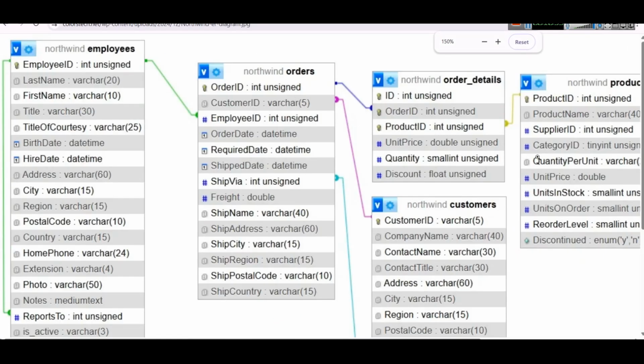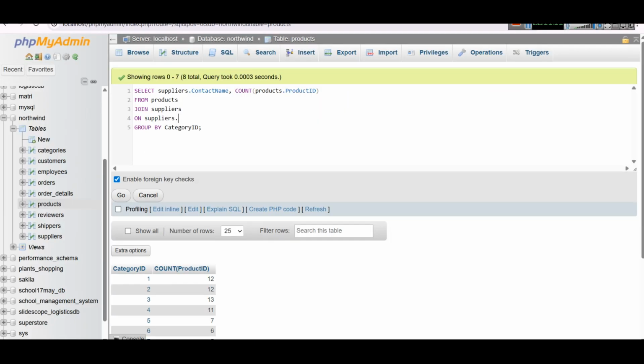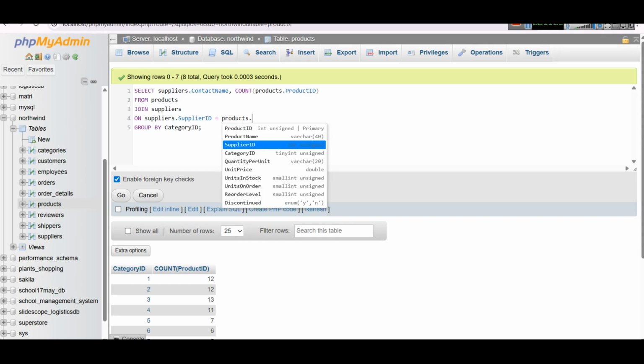Look here: product and supplier, what is common between them? Sir, supplier ID. Exactly. The logic is very simple. Suppliers dot supplier ID equal to what? Products dot supplier ID. Exactly.